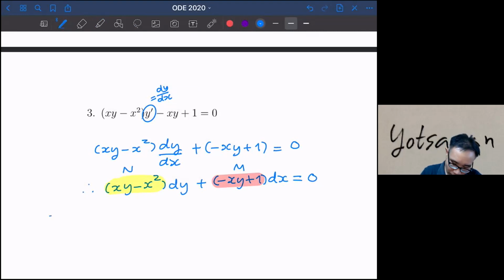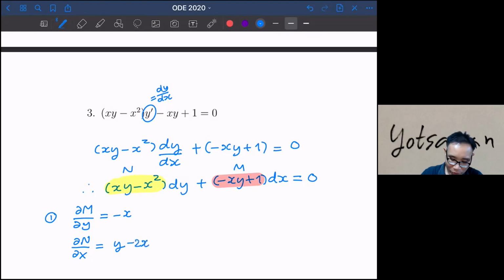So dM/dy is going to turn out to be negative x, and dN/dx is going to be y minus 2x.